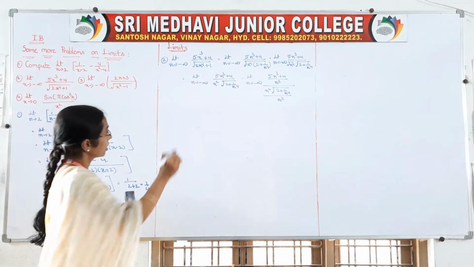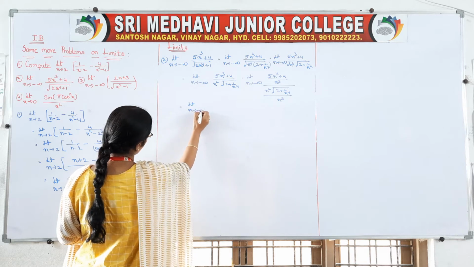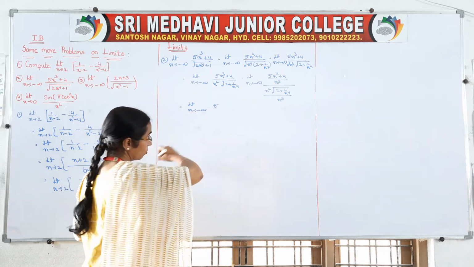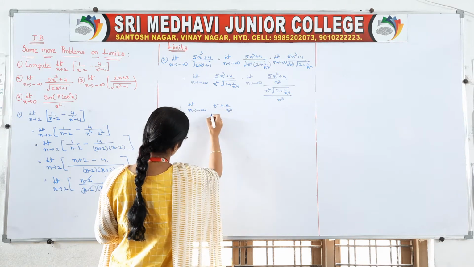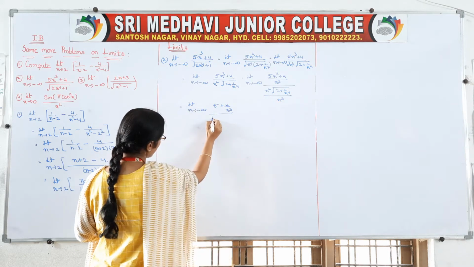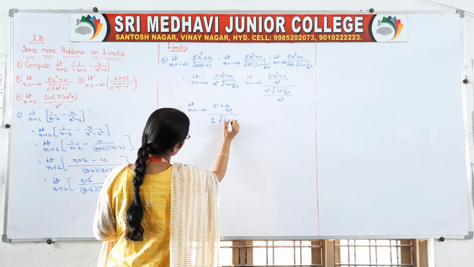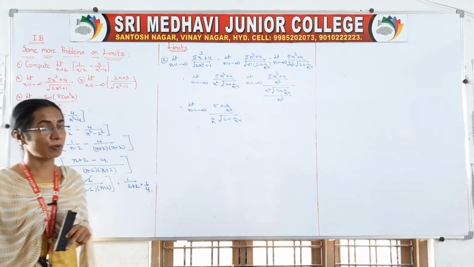Okay, so then write separately: limit x tends to minus infinity of 5x cube by x cube, 5, plus 4 by x cube. Here x square by x cube is 1 by x, and root of 2 plus 1 by x to the power of 4.